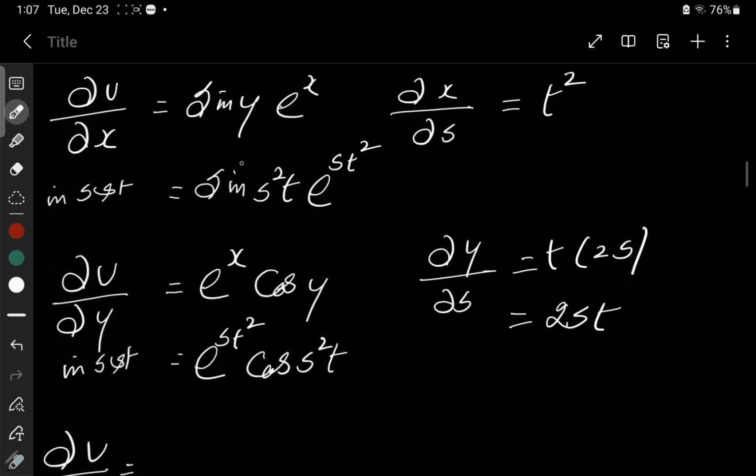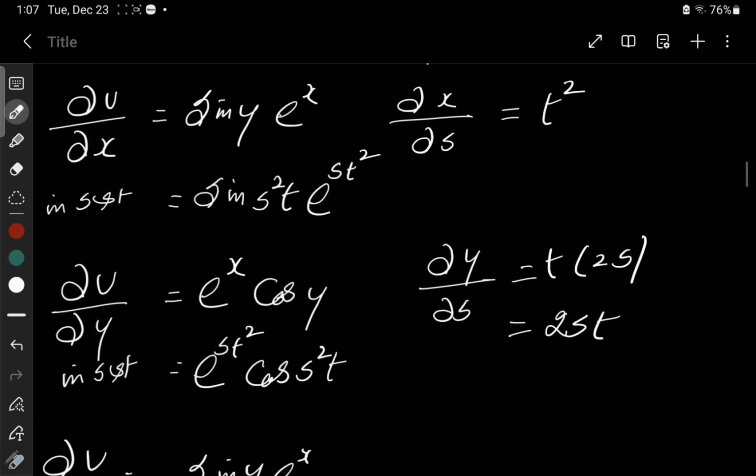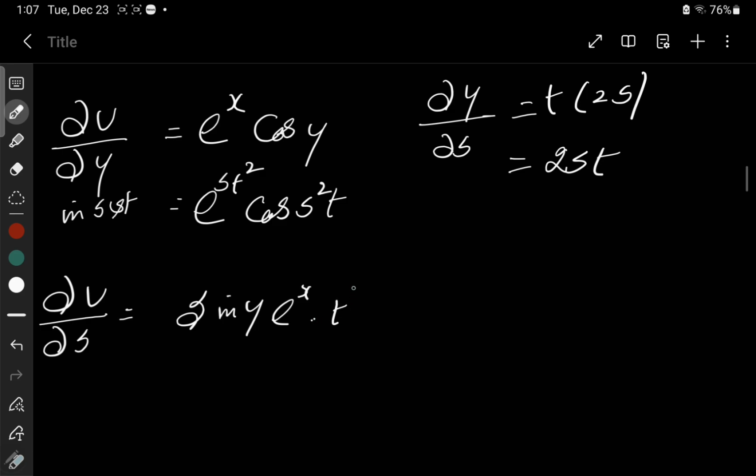∂u/∂x is sin y e^x, into t², plus e^x cos y, into 2st.